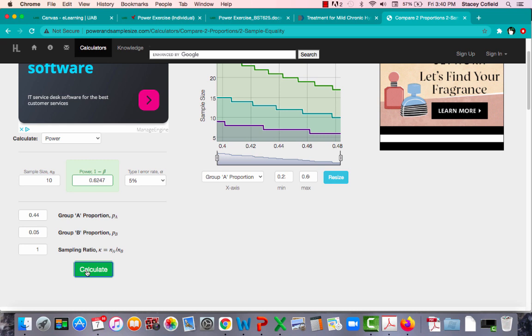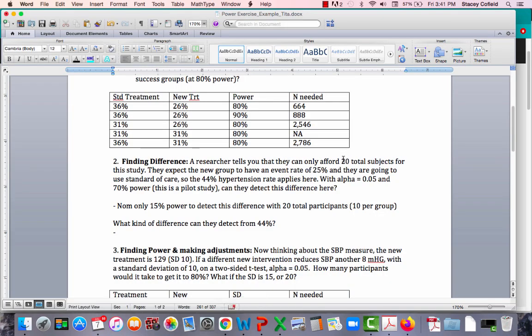And remember, in the TITA paper, we were still at 36% hypertension, and that was an effective outcome. So you would have to go back to this investigator and say, you can't, even here, even with 5% severe hypertension in new treatment, only 62% power.